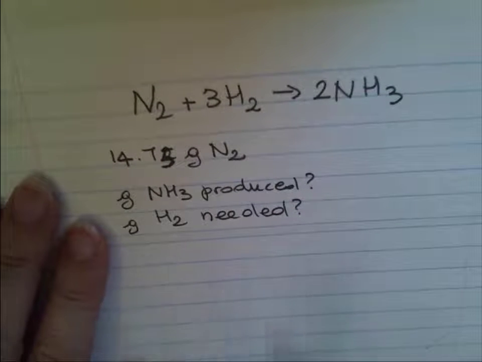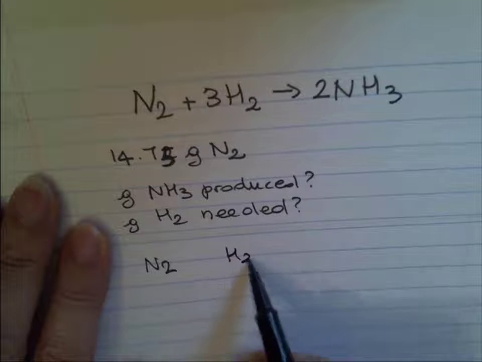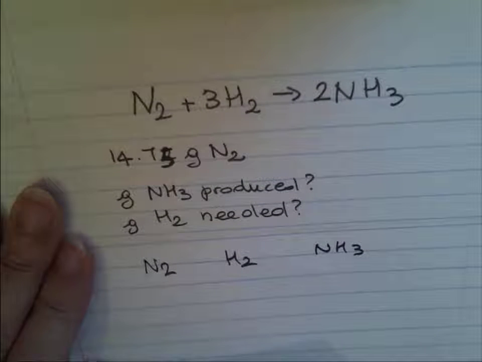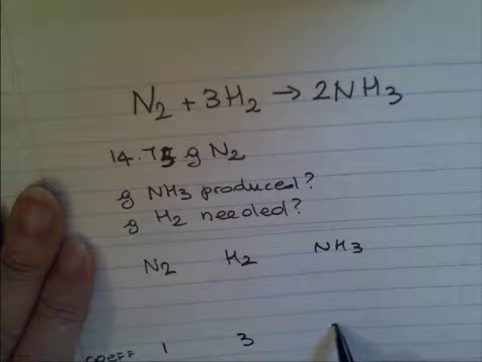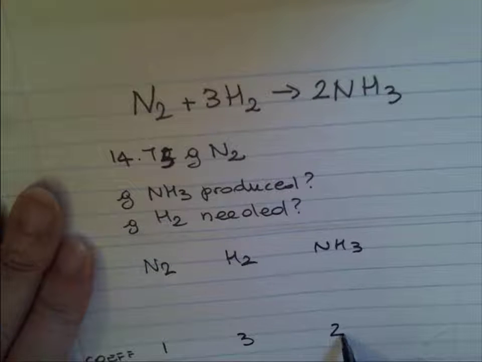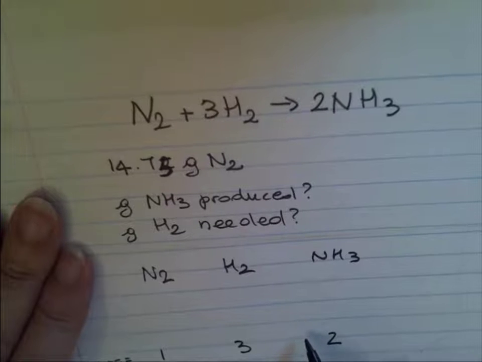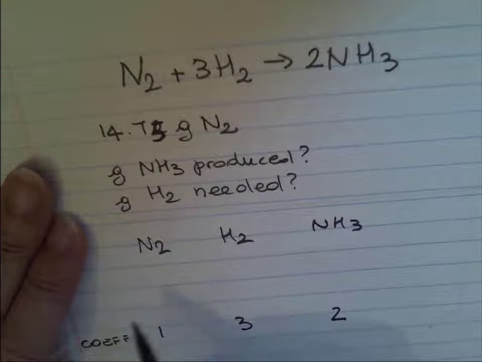So the first thing I'm going to do, I'm going to set up my table with my chemical species, and then I'm going to set up a coefficient line where I'm going to report my 1, 3, and 2, which are my coefficients. Once I have my coefficients written, I can start filling in the molar masses.